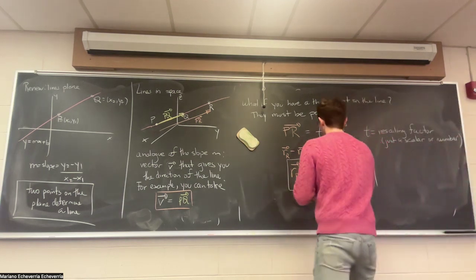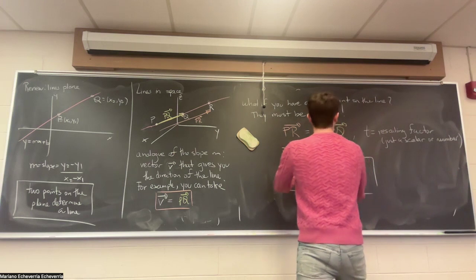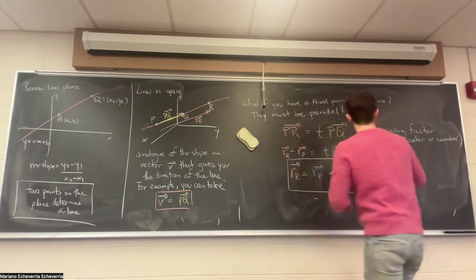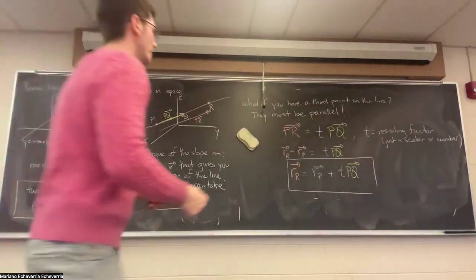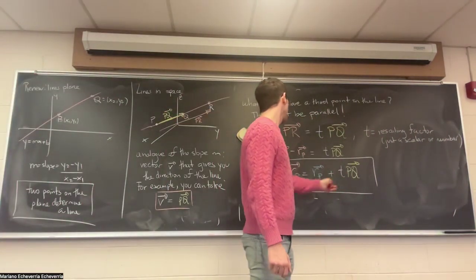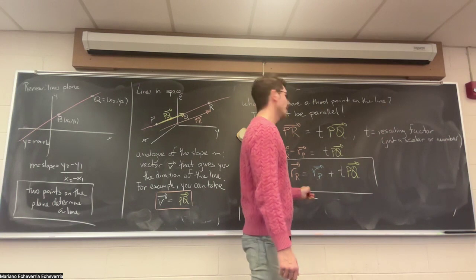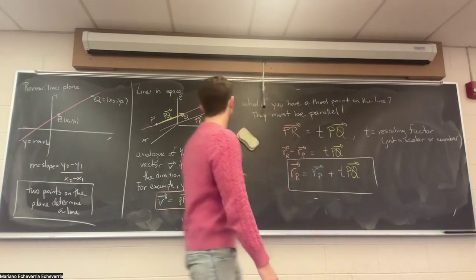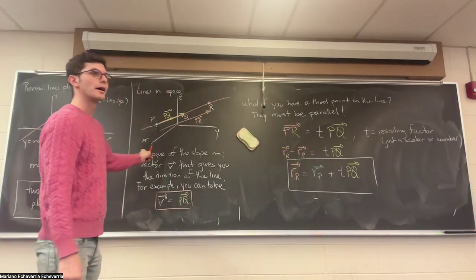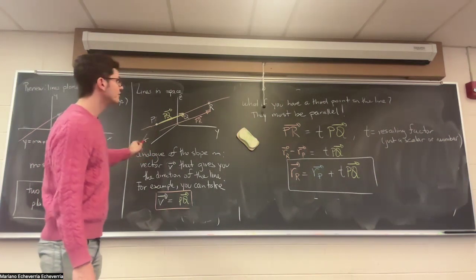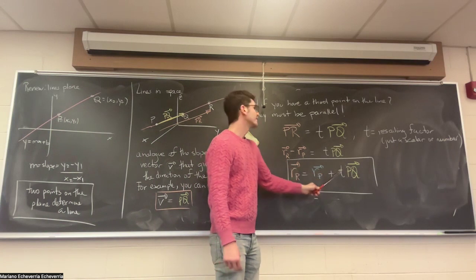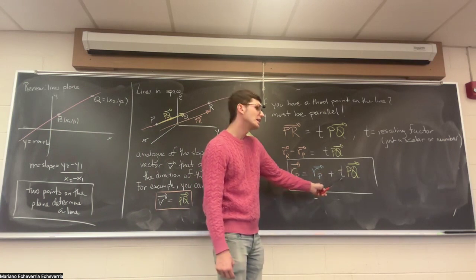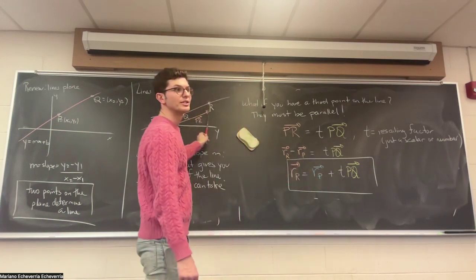So when T equals 0, what's happening? It's saying that the position R coincides with the position P. So at T equals 0, you're here. And the point of this formula is that then you start moving in the direction of the vector PQ. And so after a certain amount of time T, you are at this position on the line.